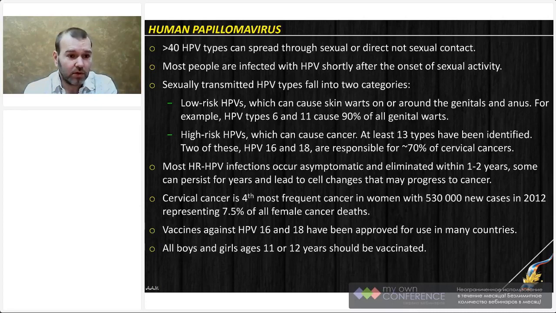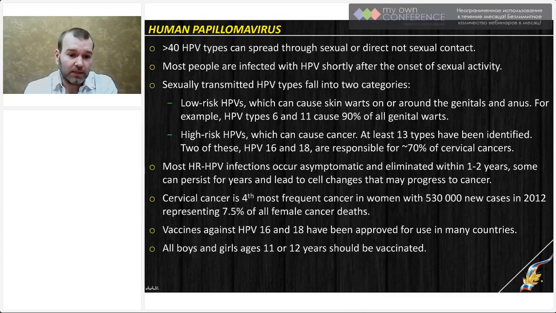Viruses transmitted through non-sexual direct contact usually cause skin warts on fingers or toes. Those warts are the most common type of infection, which is usually favorable, self-limited, and causes only local disturbances or some cosmetic disorders.